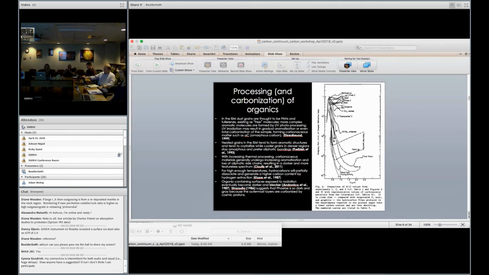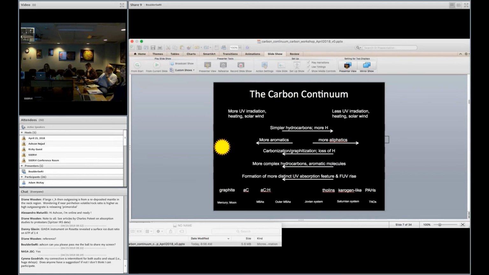Their work was linked to Phoebe being so dark and gray that probably its outermost layers are carbonized by cosmic protons, whereas we know the internal Phoebe material is probably fresher and more rich in PAHs, as Dale has talked about and we'll talk about.